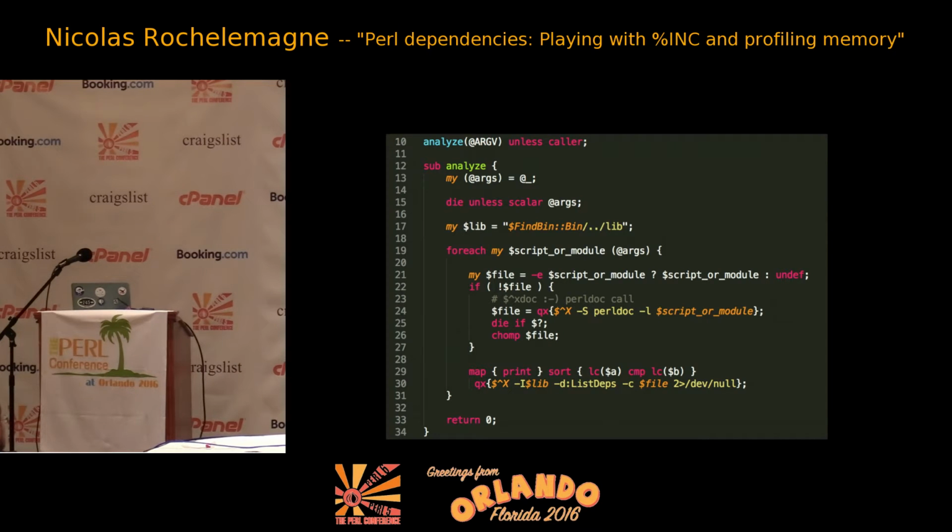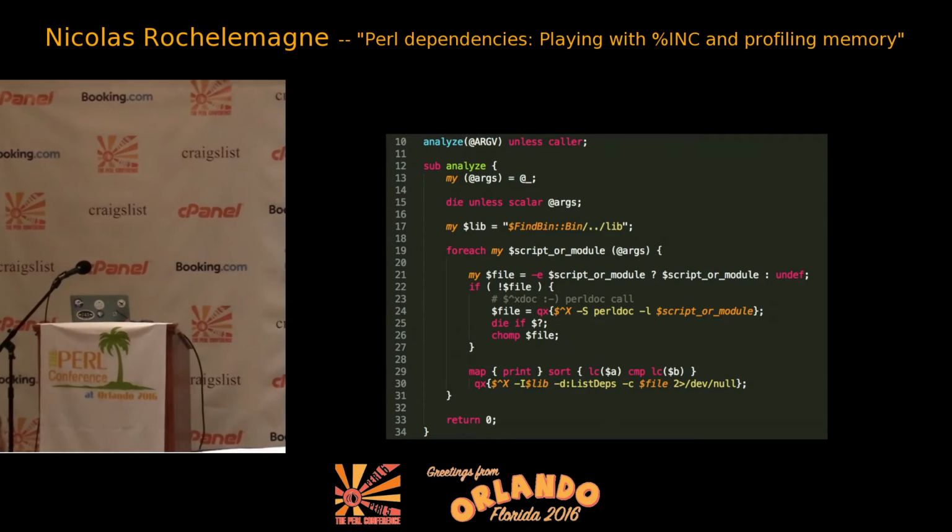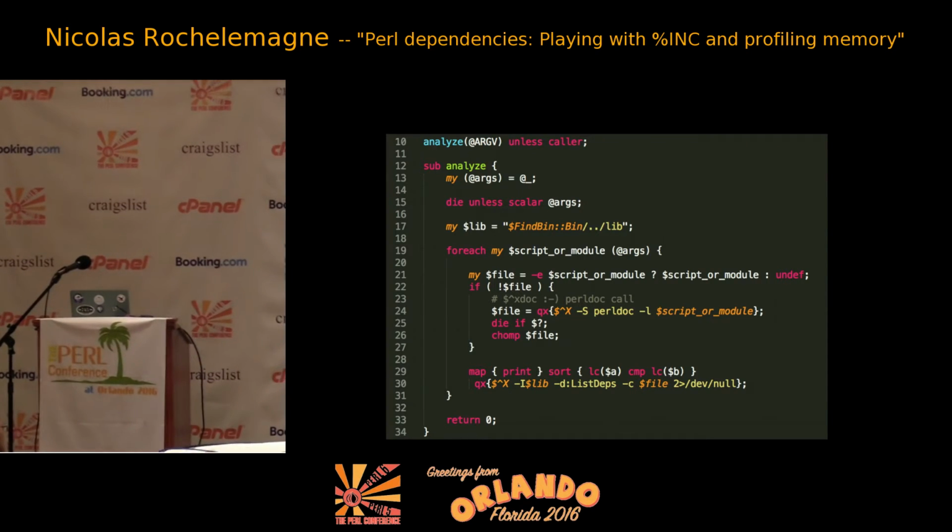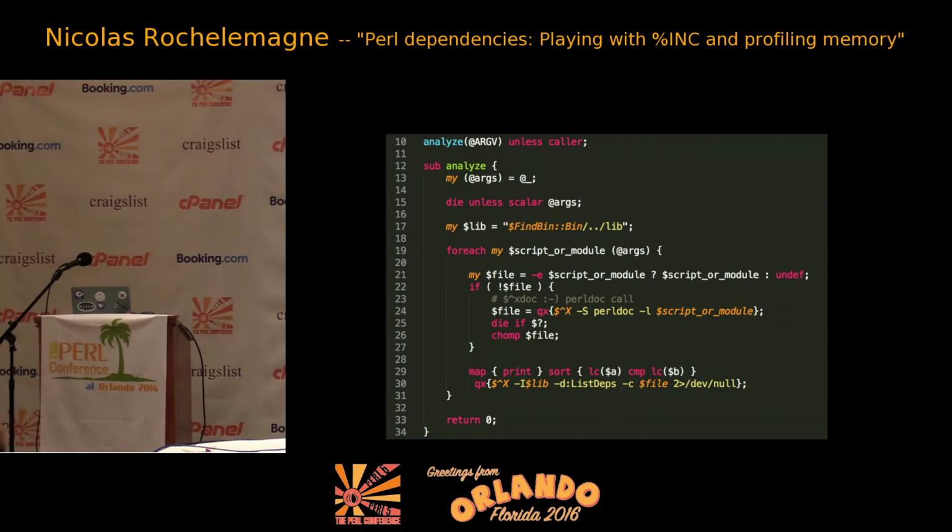If it's a module, the file will not exist, so I will just use perldoc. Some do not like this syntax, but I use this to get the location of the file. Then I'm just using the same command I was running, the perl -c. This is mainly from my debug version. And I'm listing dependencies, and I will print them.